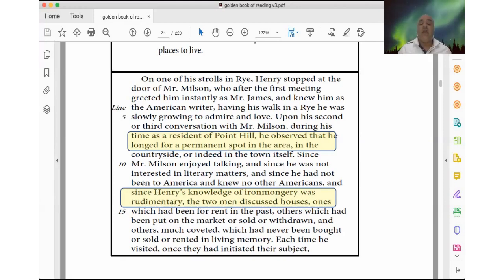Since Mr. Melson enjoyed talking, and since he was not interested in literary matters, and since he had not been to America and knew no other Americans, and since Henry's knowledge of ironmongery, which means the iron business or trade, was rudimentary, not that good, the two men discussed houses, ones which had been for rent in the past, others which had been put on the market or sold or withdrawn, and others much coveted which had never been bought or sold.